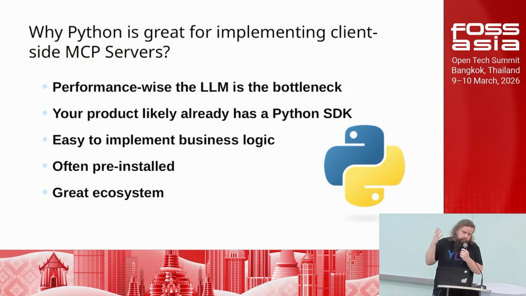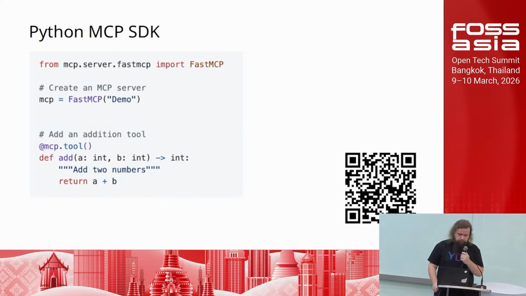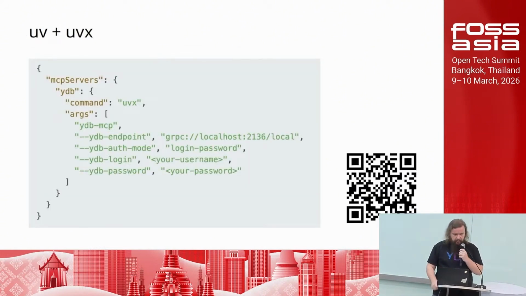And anyways, performance-wise, the large language model is the bottleneck, so it doesn't really matter to invest in some high-performance languages here. It's often pre-installed on many systems and so on. Also, Python has a really simple SDK to build your own MCP servers, as this is literally a working example. And the QR code goes to the SDKs.